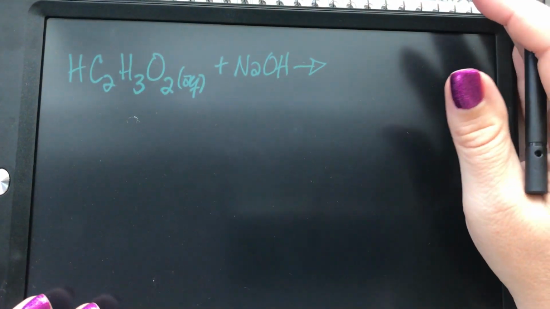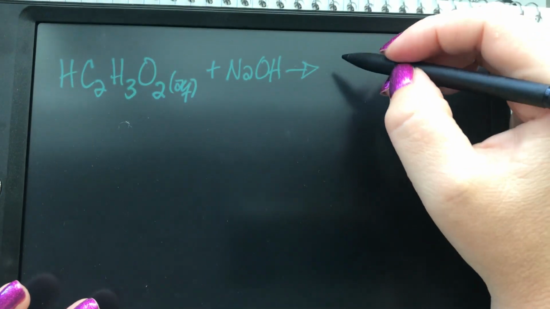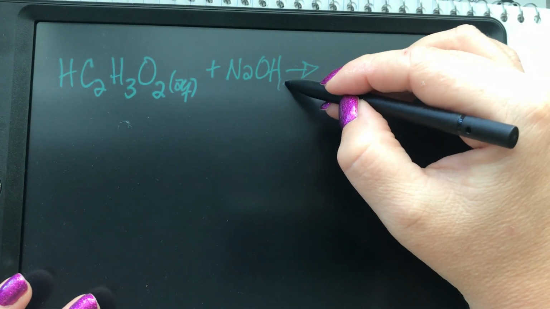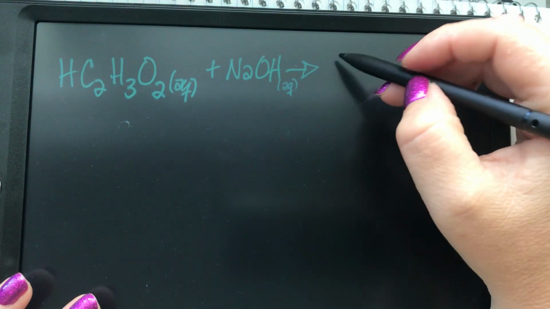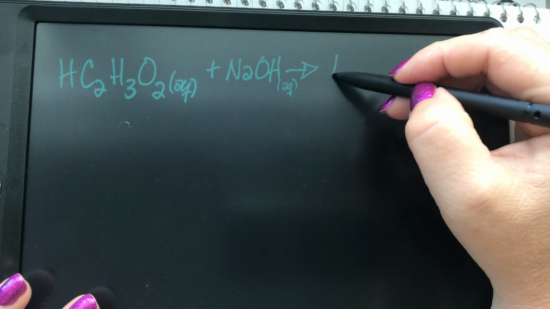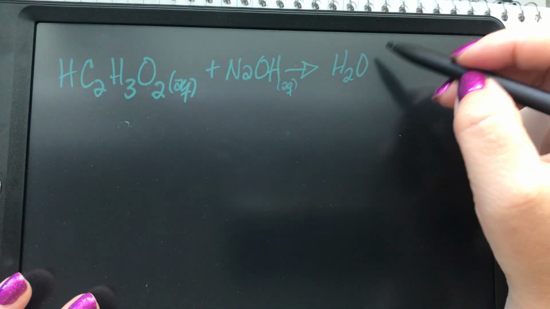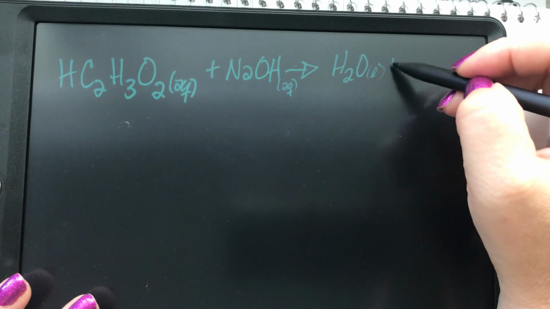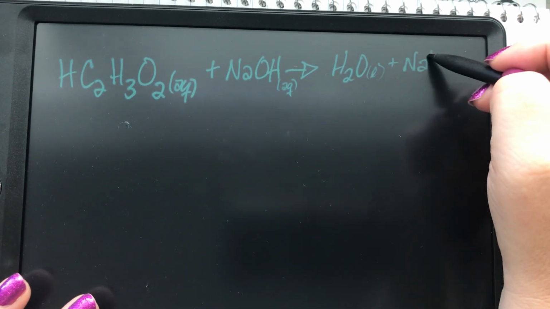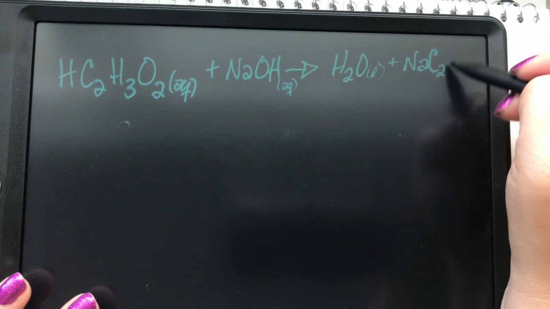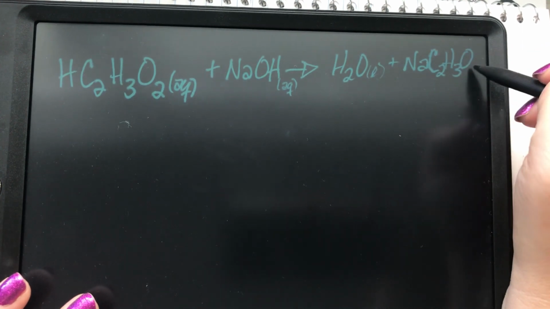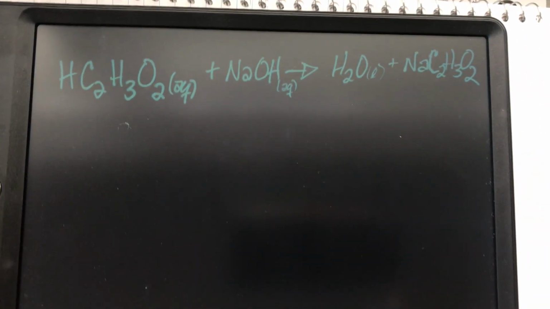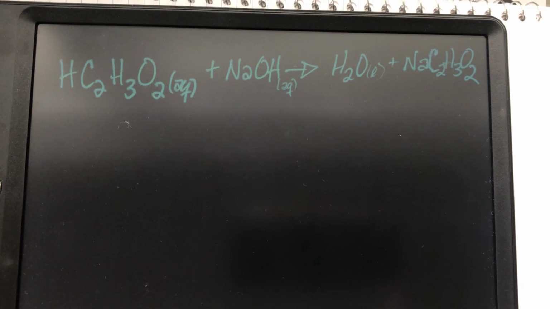Anybody know where acetic acid is found? It's vinegar. Acetic acid is vinegar. Yeah, exactly, Kata. You got it.